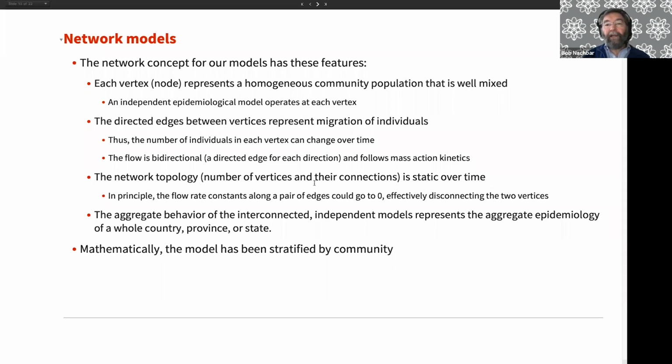Some models allow the network to evolve over time, and we're not doing that. The aggregate behavior of the model represents the aggregate epidemiology of the whole country. And so that's what we really should focus on, and not the detailed results within each community, although those are interesting in their own right.